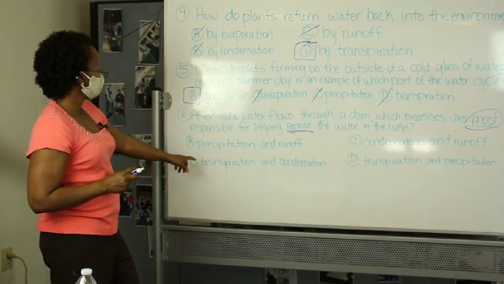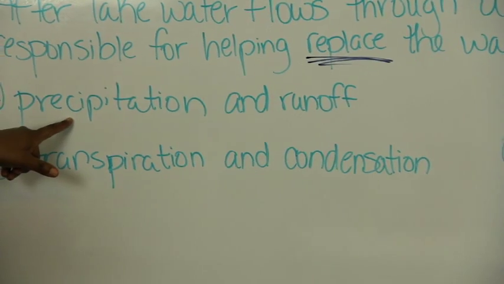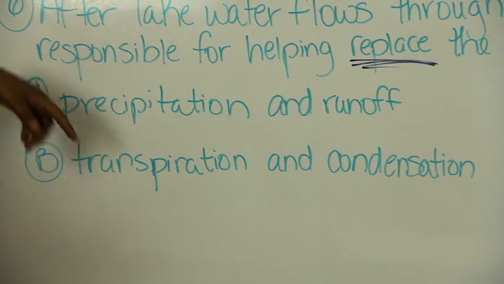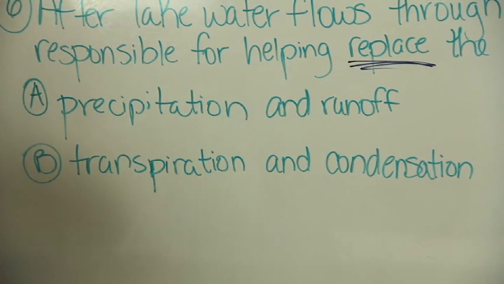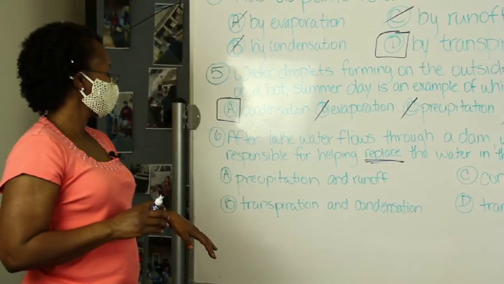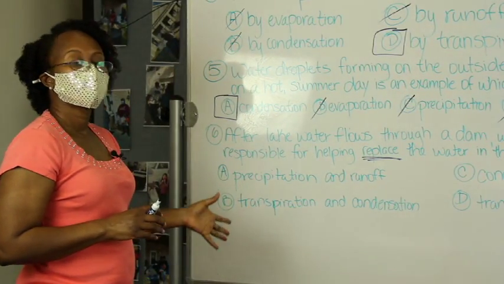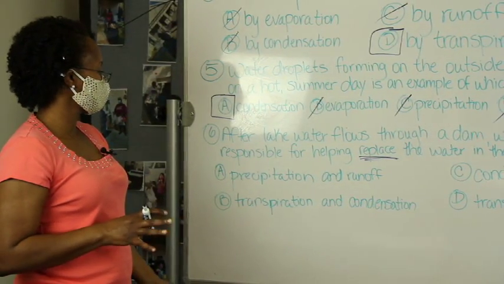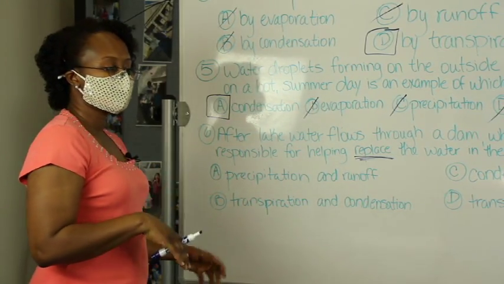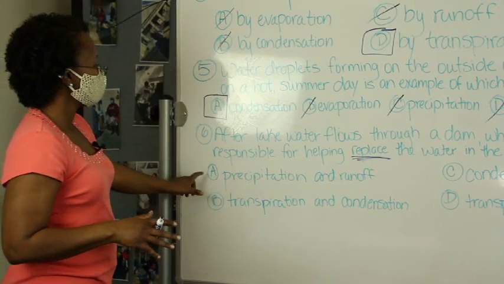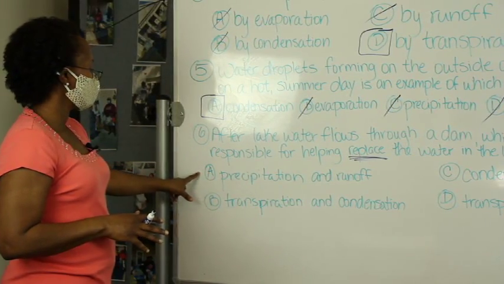Let's look at precipitation and runoff. Precipitation is what the droplets or some form of water that forms to the earth, and it runs off into different parts of the earth, into the bodies of water, into plants. So we might want to keep that one because you are replacing water.